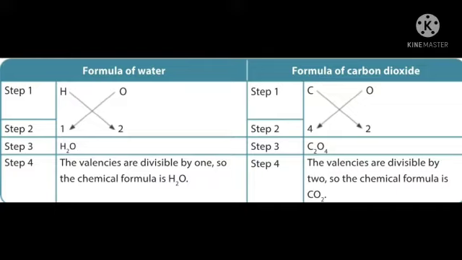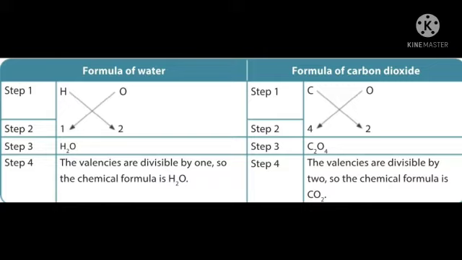Okay. Then one more example given in that video I have shown in the picture. That is carbon dioxide. See how this came. Carbon and oxygen, so C and O. It is carbon dioxide.